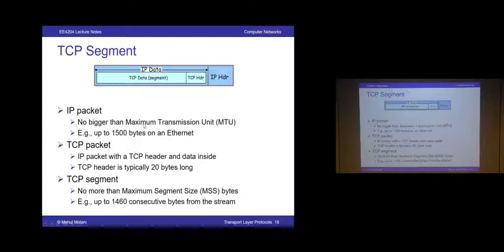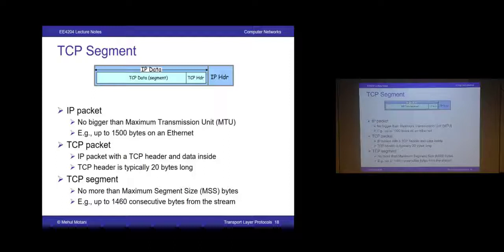I'm also saying something about the IP packet. Just like there's a maximum segment size here, there's a maximum transmission unit. For example, it could be 1500 bytes. On Ethernet, it's 1500 bytes. It's configurable by the network administrator because it's the routers that have to enforce this.